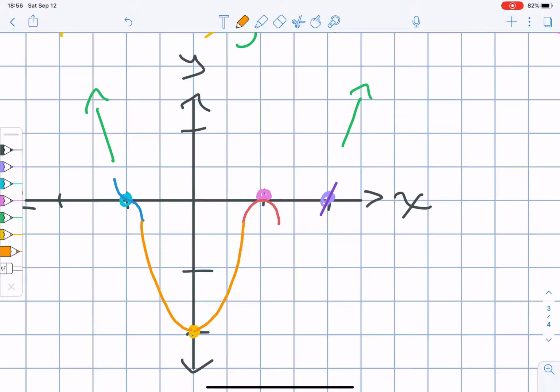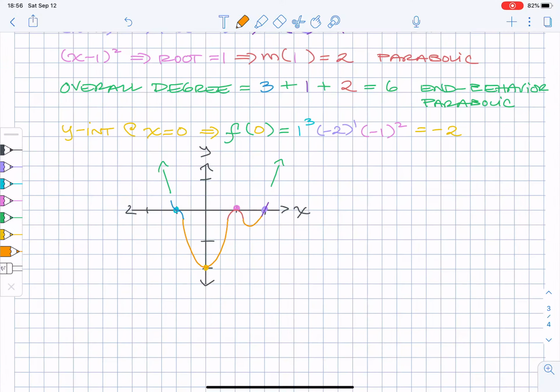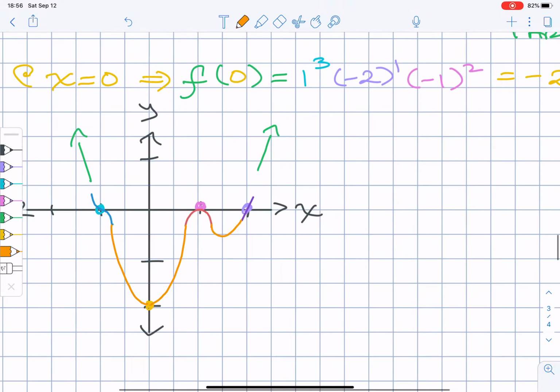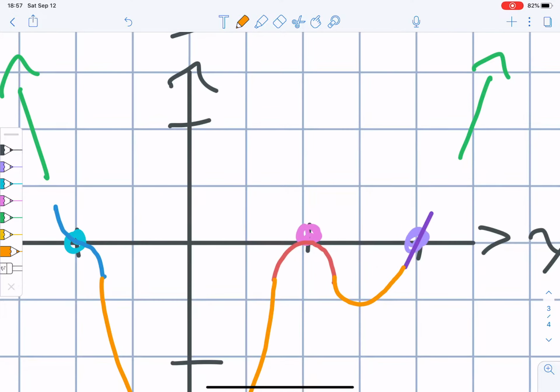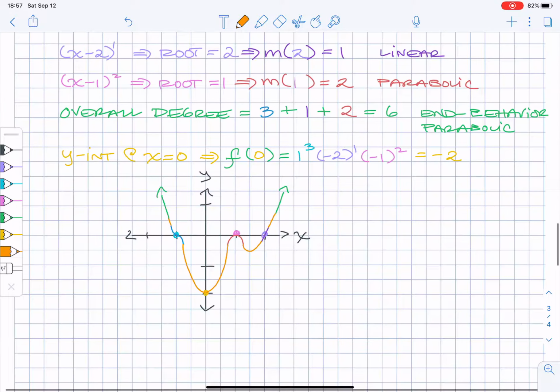So I touch, but I don't go through the axis. Then I come back around and access this root. I always draw these in the wrong spot, but close enough. Now let's connect the dots to our end behavior. And there we are. This is a guesstimate, a very poor drawing, but hopefully you get the idea.